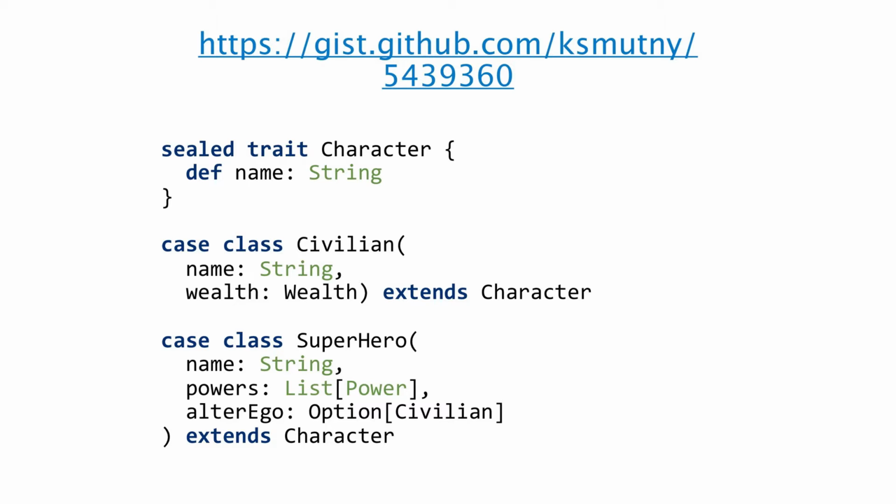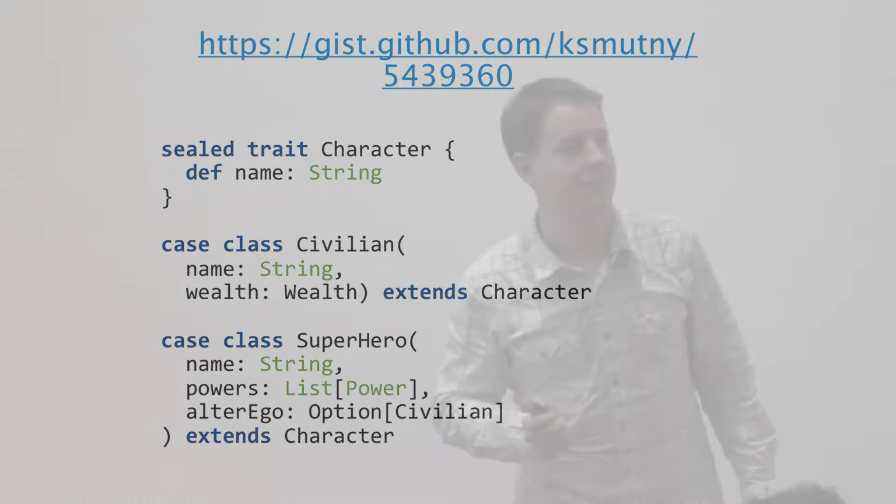And it has two subtypes or subclasses. A Civilian, which has a name and some wealth. And a Superhero, which has a name, a list of superpowers, and an alter ego, which is an Option of Civilian. You know some examples?